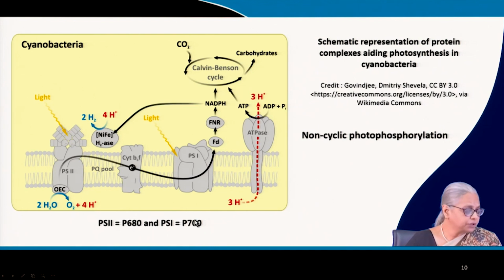This transfer of electrons is associated with the development of the proton motive force as well. While the electrons are being transferred through the quinones and the cytochromes, the protons are also being pumped out of the cytoplasm into the periplasmic space, which you can see over here.